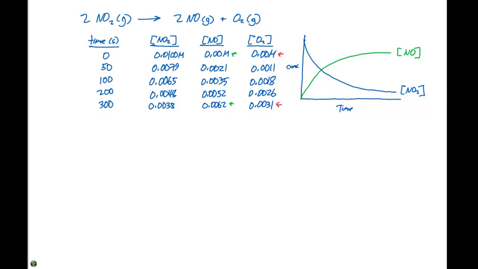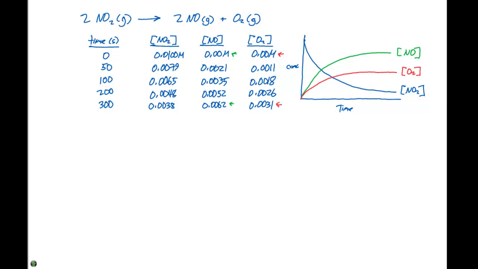So we're going to see a curve that goes up like this, and this is where we end up with our concentrations as we progress through with time. The concentration of the O2 and the NO are going to increase. The concentration of the NO2 is going to decrease.